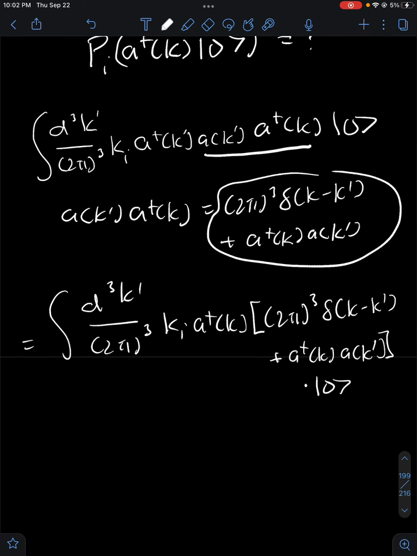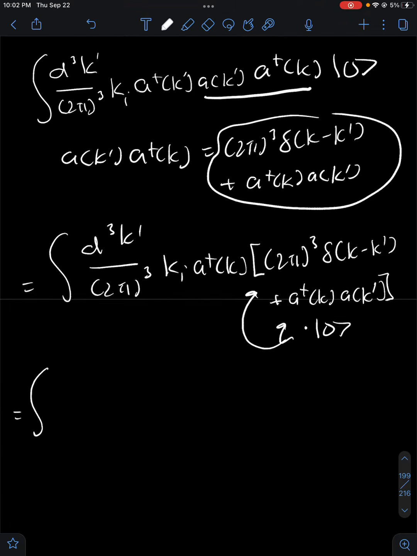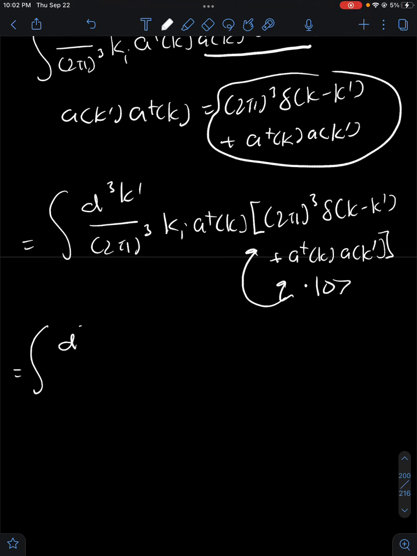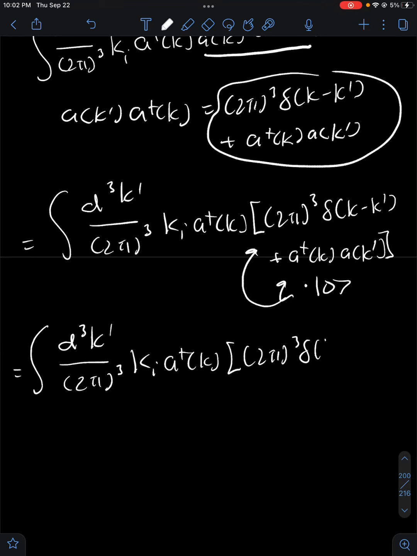So now we can distribute the vacuum state inside of our brackets. That gives us the integral over the momentum over 2 pi cubed ki a conjugate k, 2 pi cubed delta k minus k prime times this plus a conjugate k a of k prime times this.